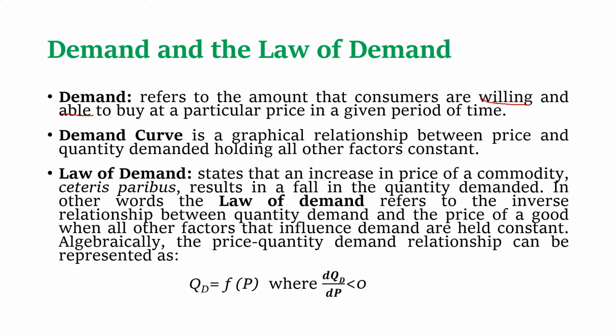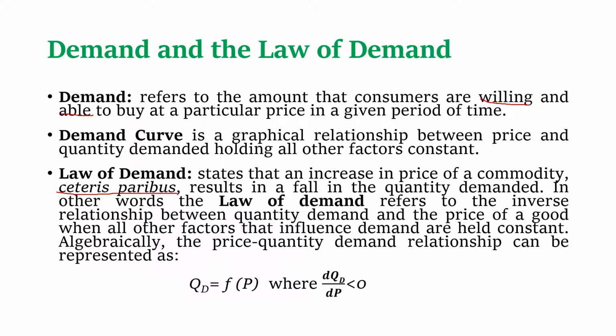Now, this brings us to the law of demand, which states that an increase in price of a commodity, ceteris paribus, the words ceteris paribus mean what? All else remains equal. All other factors remain equal. All else remains the same.